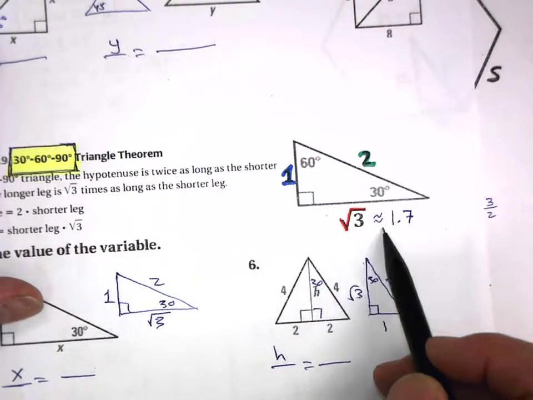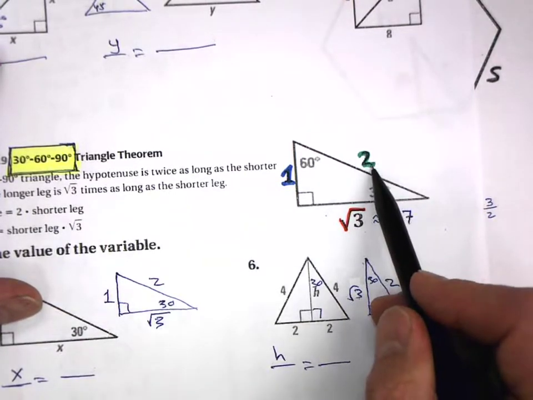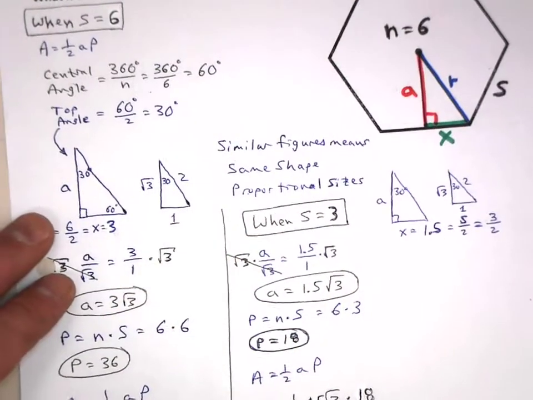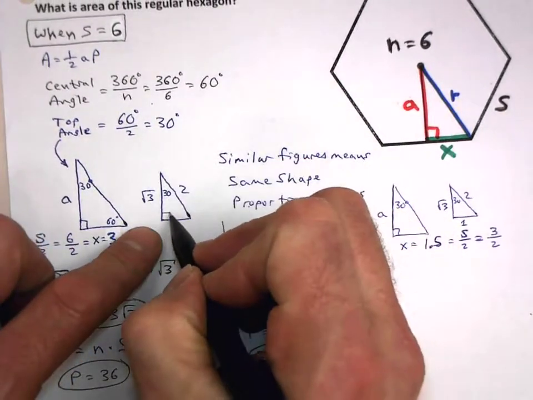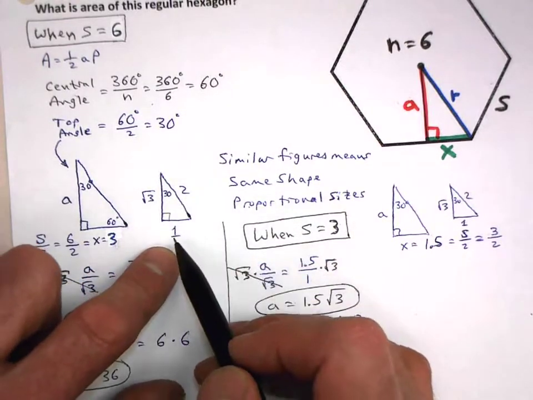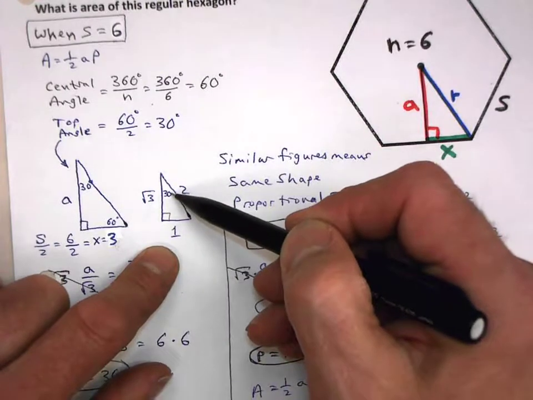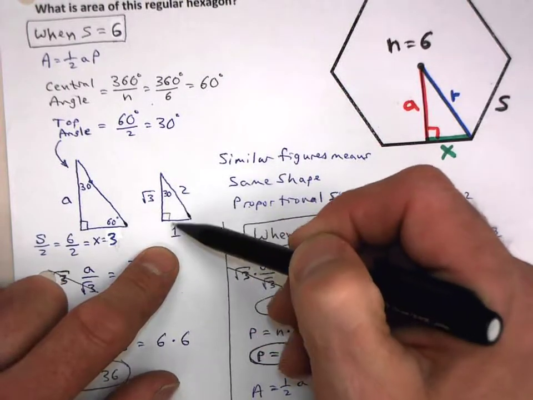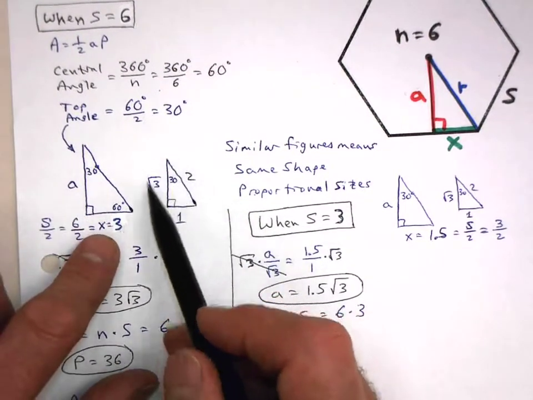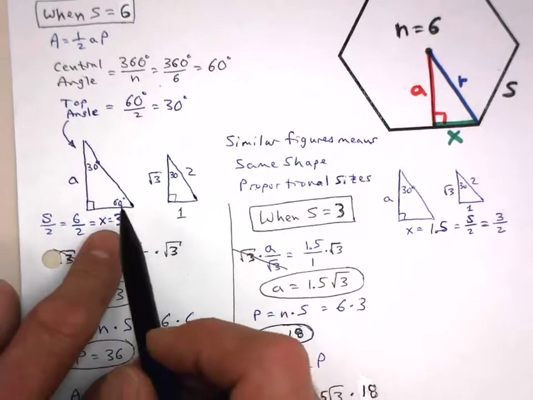So square root of 3 is approximately 1.7, which is smaller than 2. So 2 is going to be on our hypotenuse, which it is here. Here is 2. And then remember that the smallest side, that is 1, is across from the smallest angle. So it's across from the 30-degree angle there. So now we have our pattern set up alongside of our problem. And where did I get this 3 from?